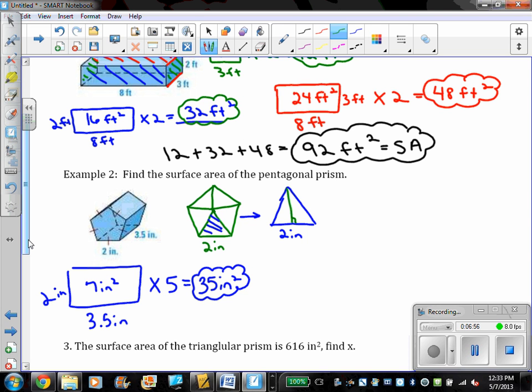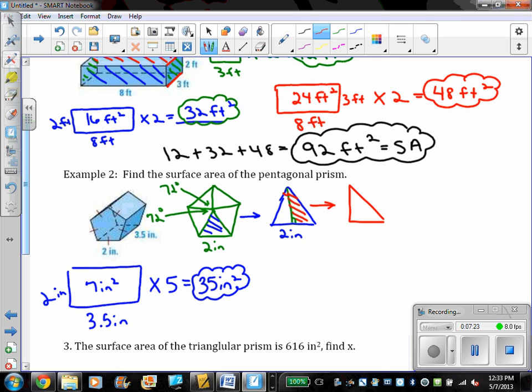Now if that's 2 inches, and let's see, we have 360 degrees divided by the 5, so we have an interior degree measure. So this angle right here is 72 degrees. This one is 72 degrees, and so on. That means, I'm going to take this triangle and bring it over here.